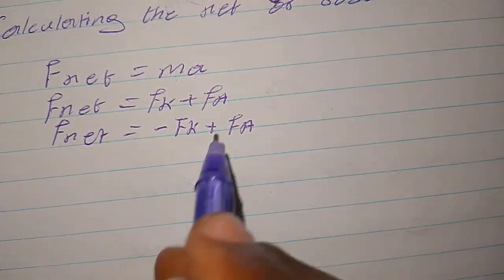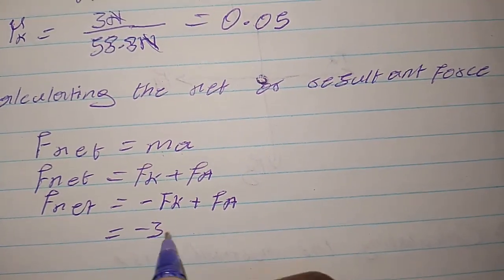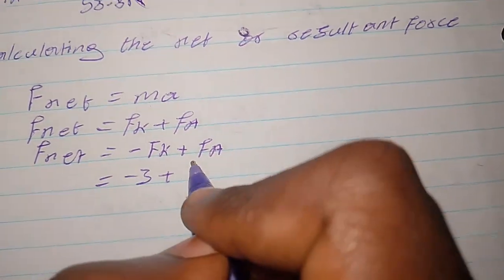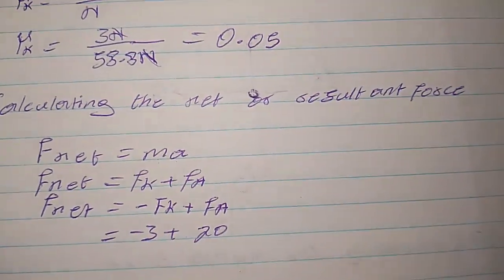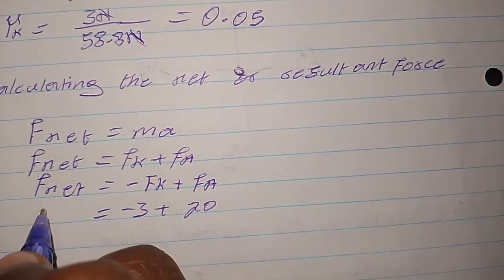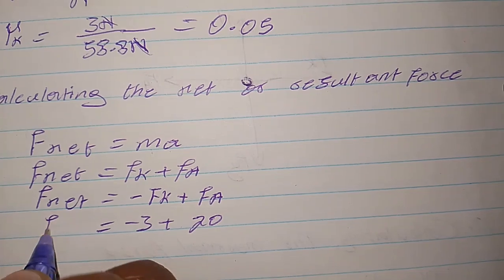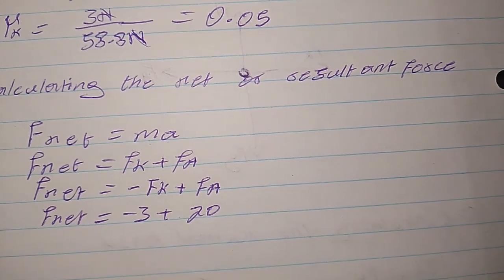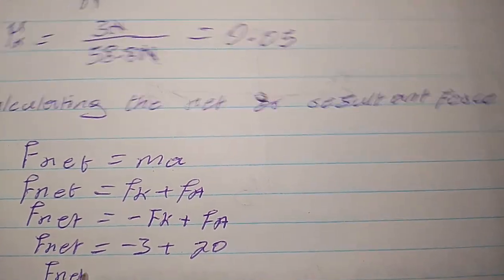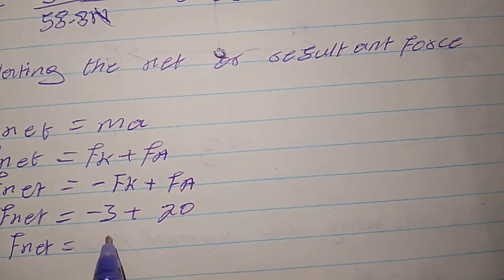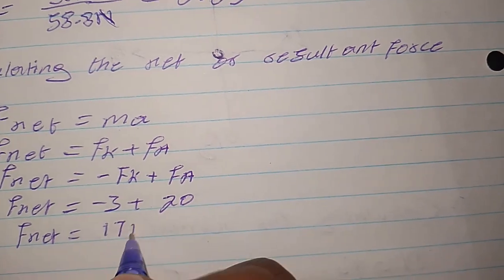So we're going to say equal to negative 3 plus applied force, where we're given it was 20, and we're also given the magnitude of the frictional force. So we're going to have Fnet equal to 17 Newton.